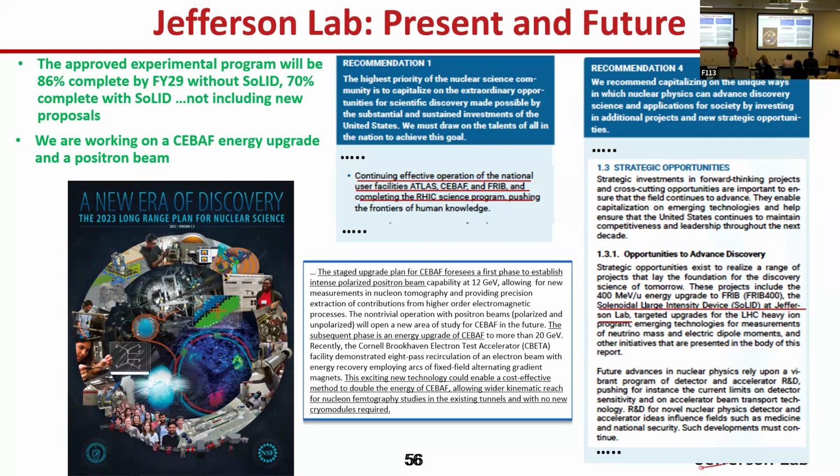But the energy upgrade and positron beam are mentioned in the text. So we are in a good position, let's say. This lab is in a good position for experiments in the future, both with the 12 GeV program and the future program, for which we hope to develop a pre-CDR and discuss this program at the next long-range plan.